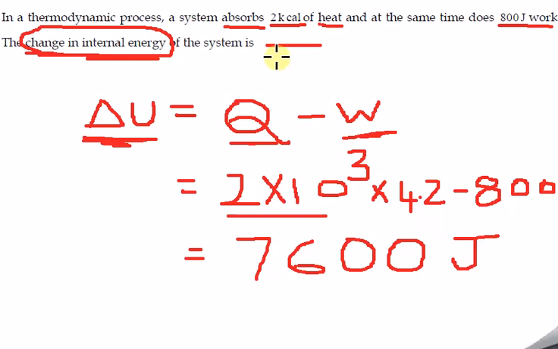Both should be in the same unit, and change in internal energy is represented in joules, so I have to convert this 2 kilocalories to joules by multiplying by 4.2. So 1 calorie is 4.2 joules approximately.